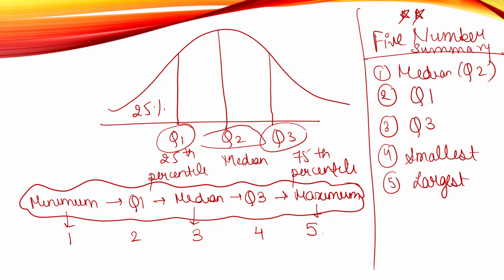Now, I had taught you one outlier concept. Outliers are very nicely seen in box plots. So what is a box plot? It shows us a range of values. It is a popular way of visualizing a distribution.